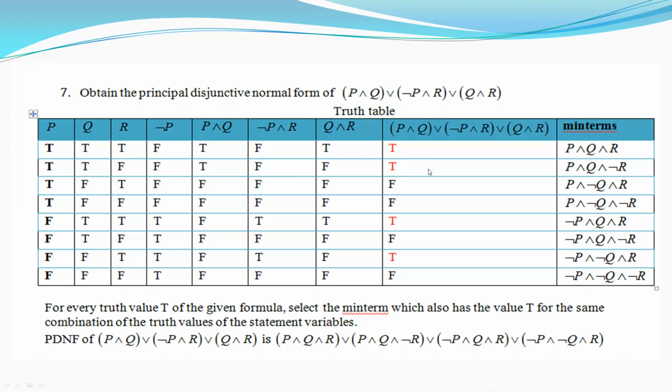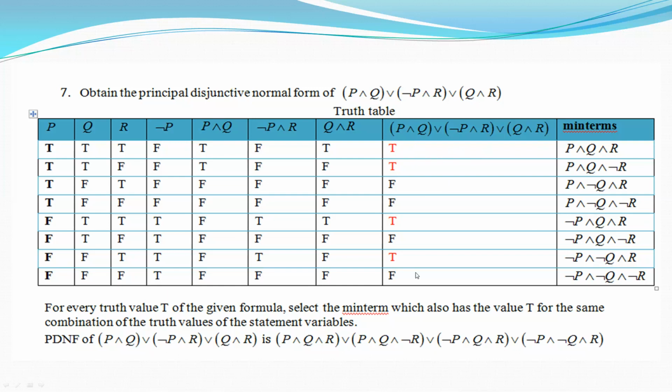After constructing the truth table, you have to write minterms. What are minterms? How do you construct minterms?